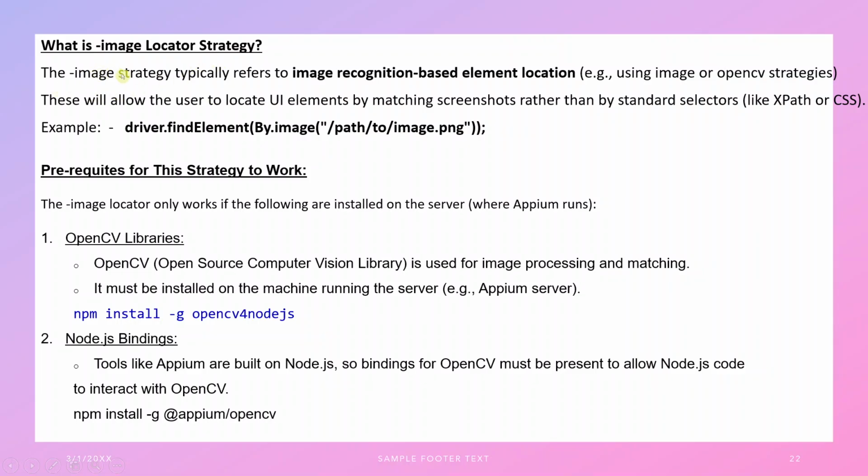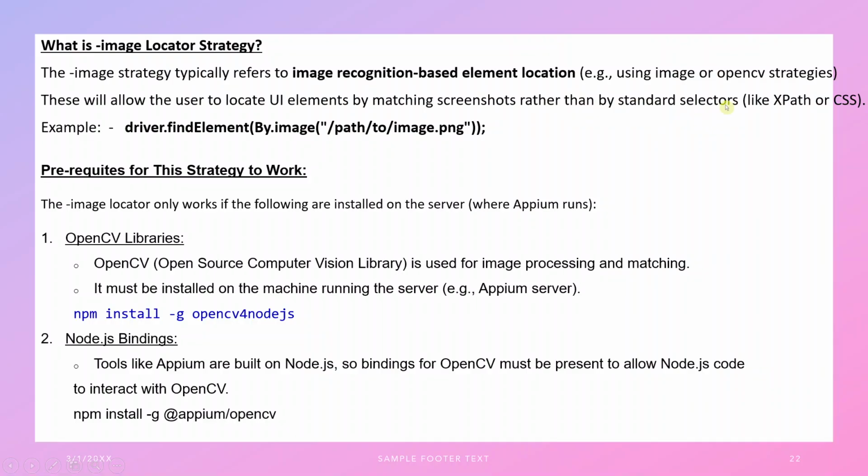The image locator strategy typically refers to image recognition based element location, that is image or OpenCV strategies. These allow the user to locate UI elements by matching the screenshot rather than by the standard selector.